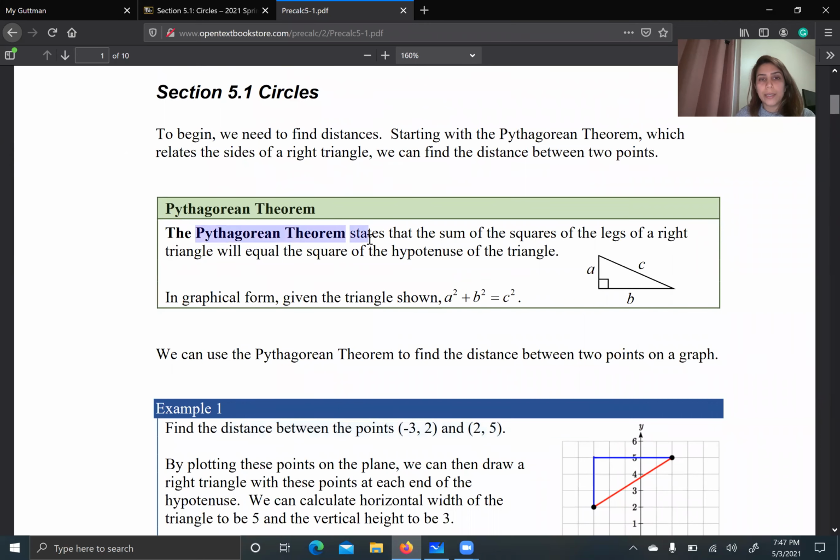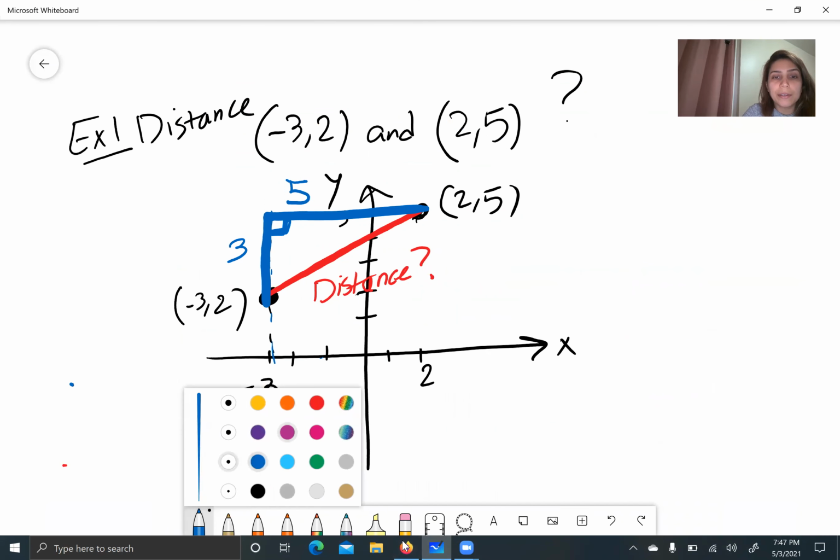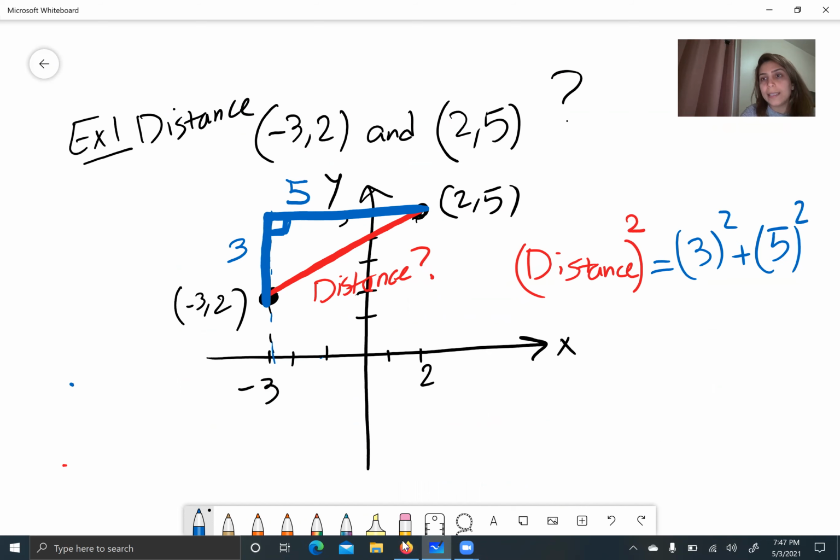Now we can find the distance by using the Pythagorean theorem, because we know that when we have a right triangle, the hypotenuse squared is the sum of the squares of the legs. So it's going to be 3 squared plus 5 squared.